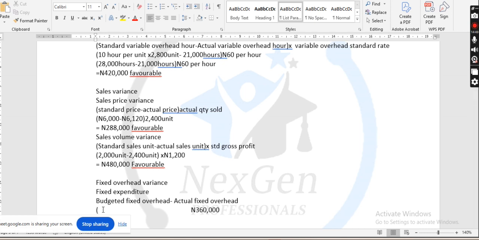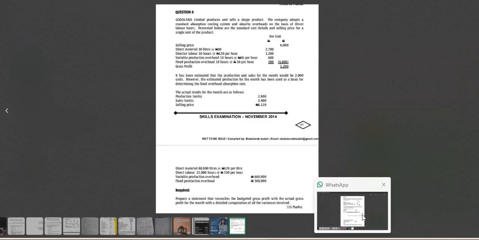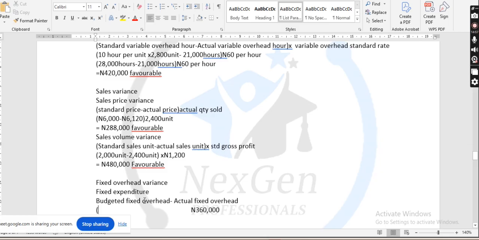What is the overhead absorption rate given to us in this question? 30 naira per hour, right?